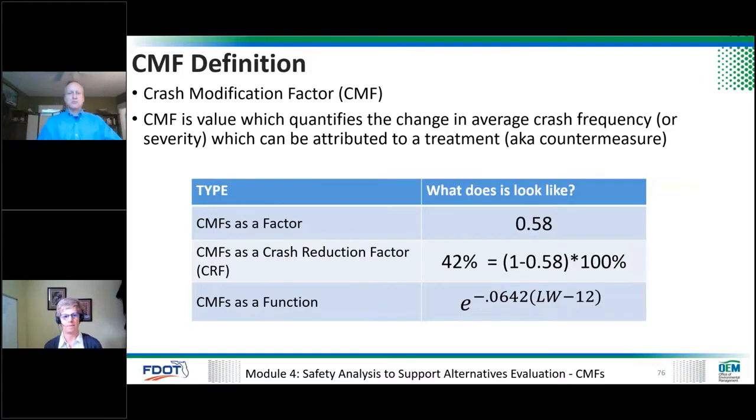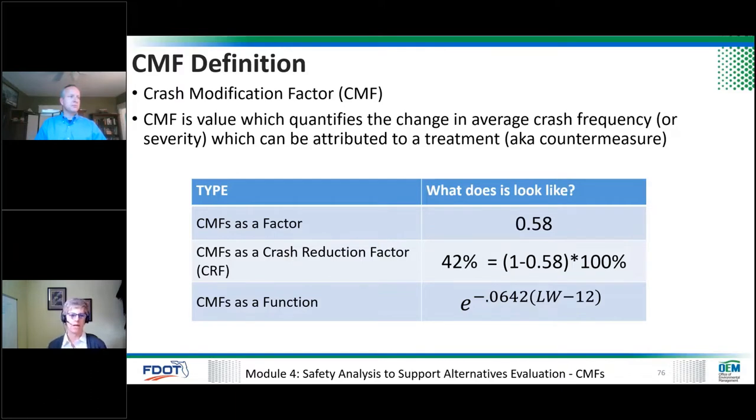We used to call them crash reduction factors, CRFs, and specify them as percentages, so 42% in that second row. It's just one minus the other. We talk about crash modification factors because not all treatments reduce crashes, so crash reduction factor could become a misnomer.